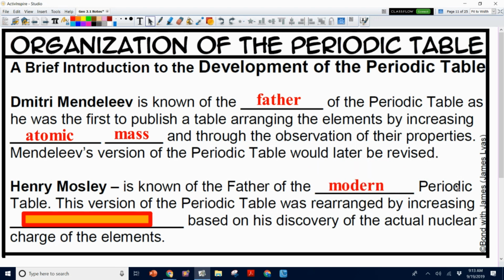That's the periodic table that we use right now. This version was rearranged from what Dmitry Mendeleev used, and it was arranged by increasing atomic number instead of atomic mass. We're going to talk about the difference in atomic mass and atomic number here in just a moment. This is based on his discovery of the actual nucleus or the nuclear charge of the elements.